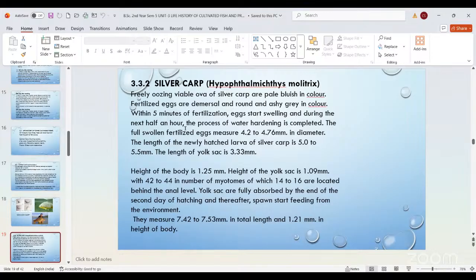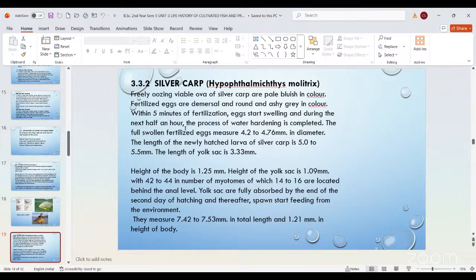Within 5 minutes of fertilization, eggs start swelling, and during the next half an hour, the process of water hardening is completed. The fully swollen fertilized eggs measure 4.2 to 4.76 mm in diameter. The length of the newly hatched larva of silver carp is 5 to 5.5 mm.